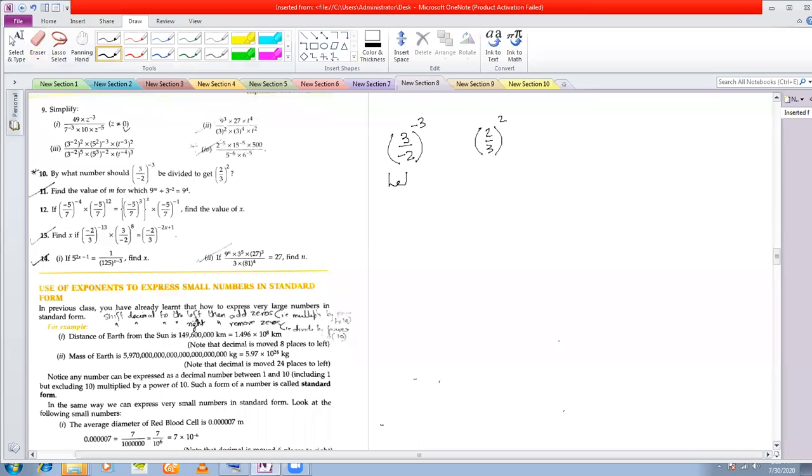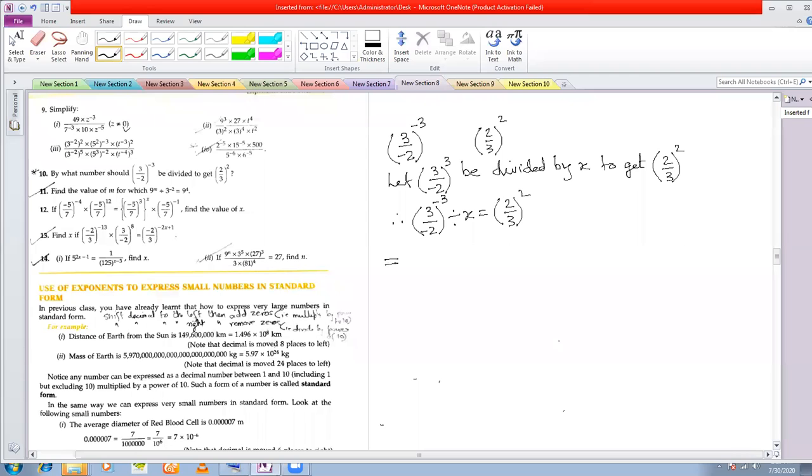So I say let (3 by minus 2) cube be divided by x to get (2 by 3) square. So therefore (3 by minus 2) to the power of minus 3 divided by x must be equal to (2 by 3) square, isn't it?